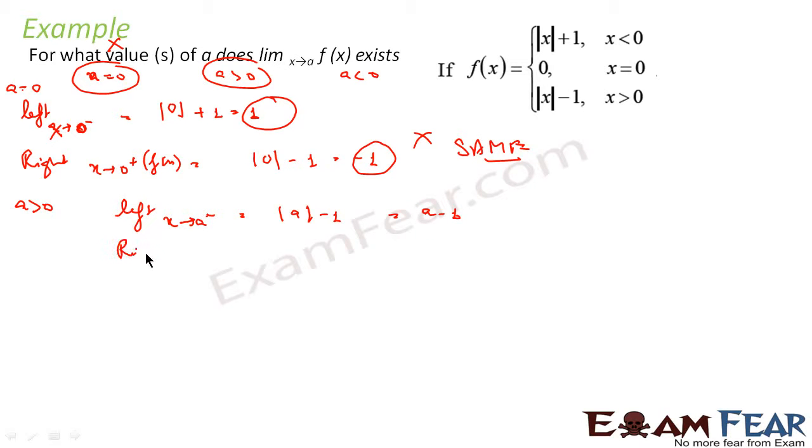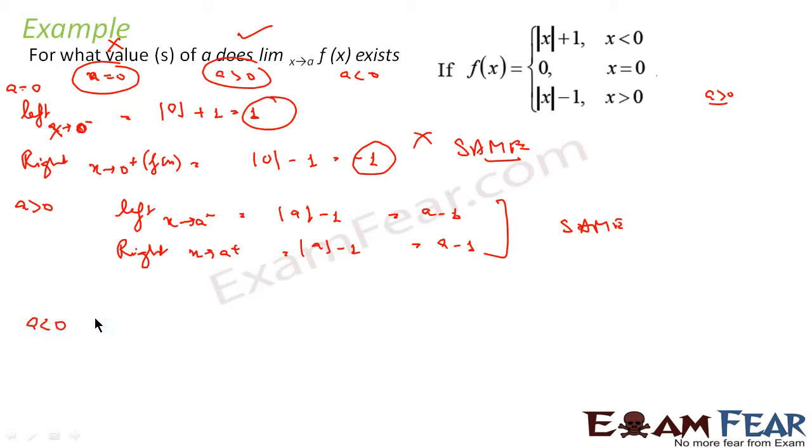Similarly, the right limit for x tends to a plus will also use the same equation, because here a is greater than 0. So this becomes a minus 1. So we see that both are the same. So we can say that the limit x tends to a of f(x) for a greater than 0 exists.